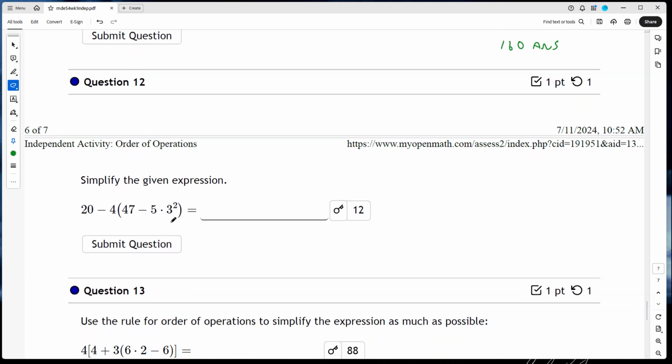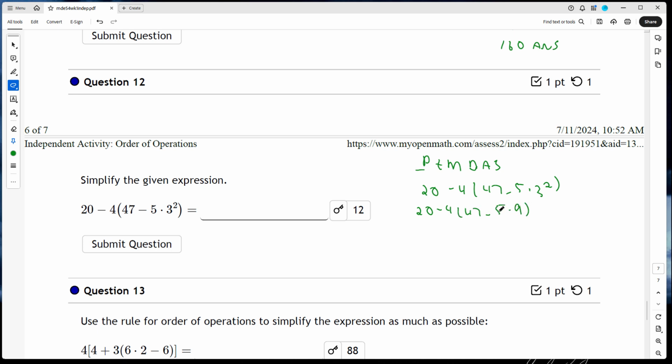Number 12, simplify the expression. Write PEMDAS at the top. Put that expression underneath it. Take care of what's in the parentheses. Follow the order of operations, so we end up doing 3 squared first. Times 3 squared, which is 9.